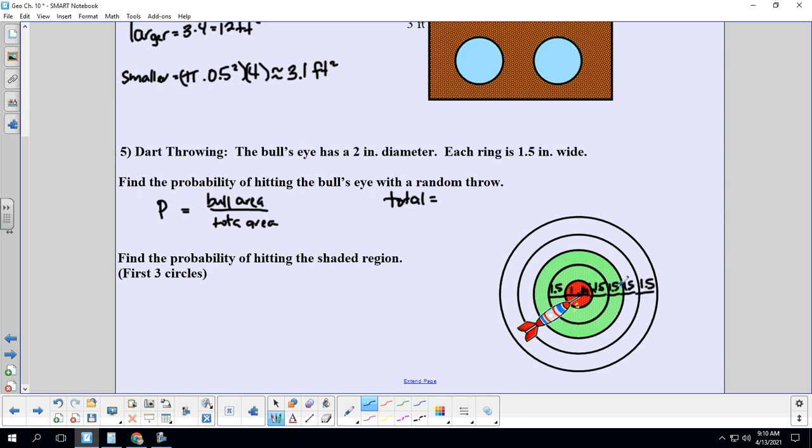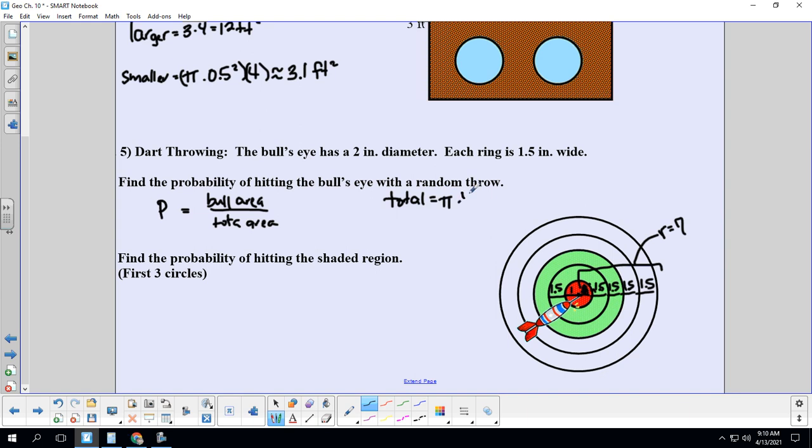So we got 1.5 plus 1.5 is 3. 3 plus 1.5 is 4.5. 4.5 plus 1.5 is 6. So our total radius here is 6 plus the radius of the bullseye, which is 7.